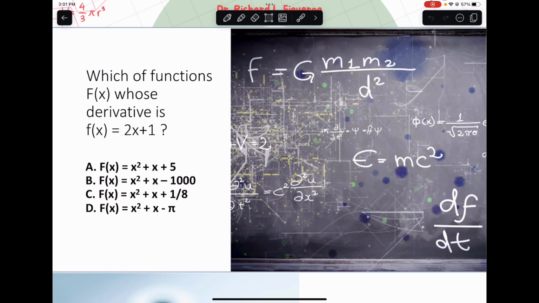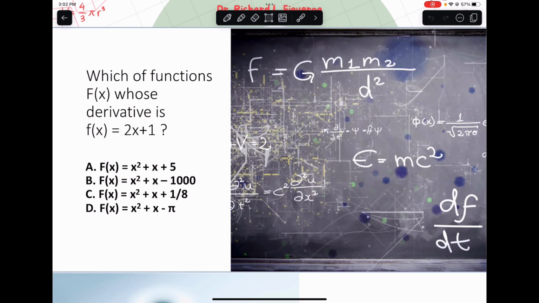If you had chosen A, your answer is correct. If you had chosen B, your answer is correct as well. And if you had chosen C, or even D, your answer is correct as well. Actually, all of these given functions have a derivative of 2x plus 1.